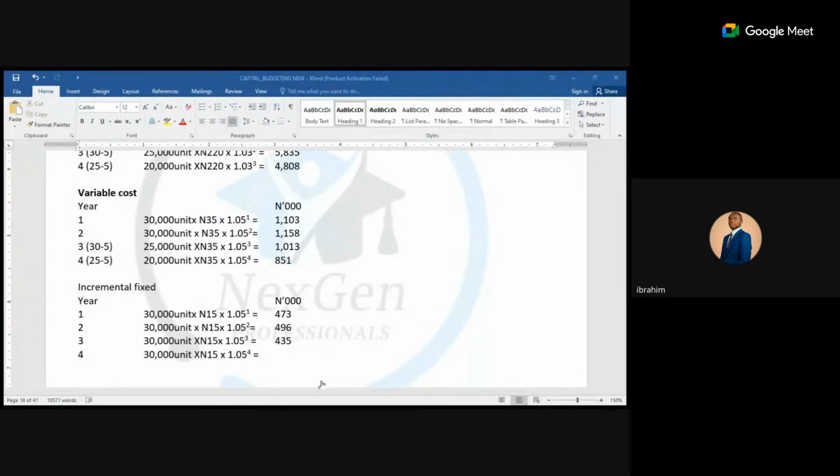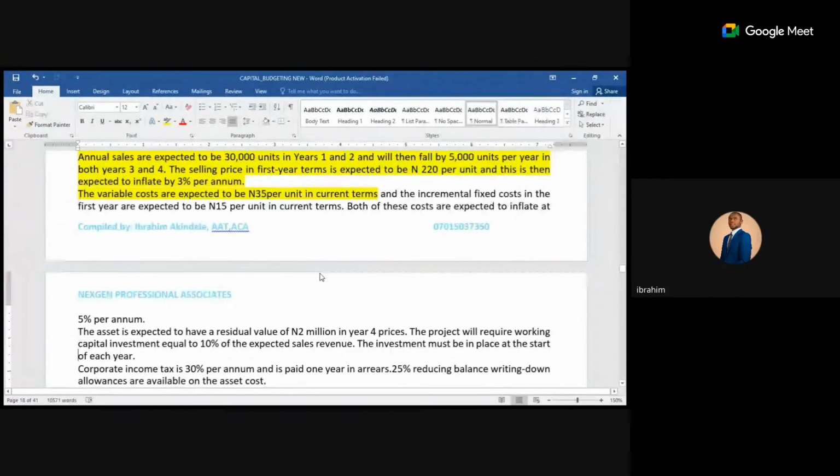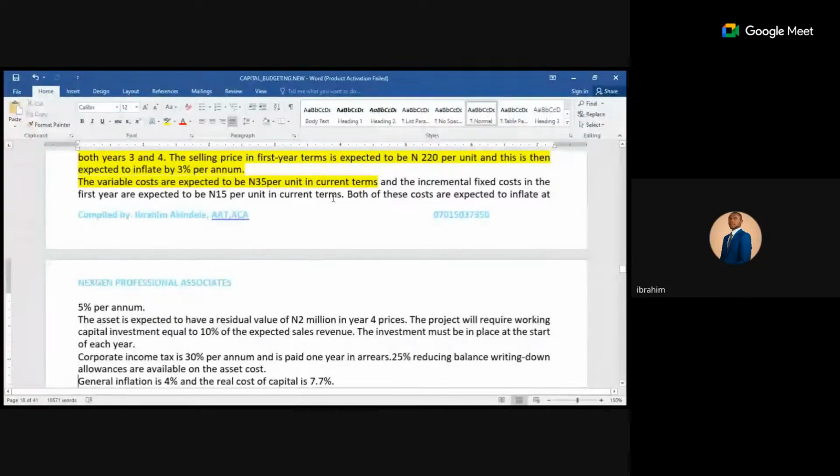Because fixed cost is fixed, but because you want to produce that product, they now mention that in the first year. In the first year means that will be the cost all through, just like the way we did in the first one.